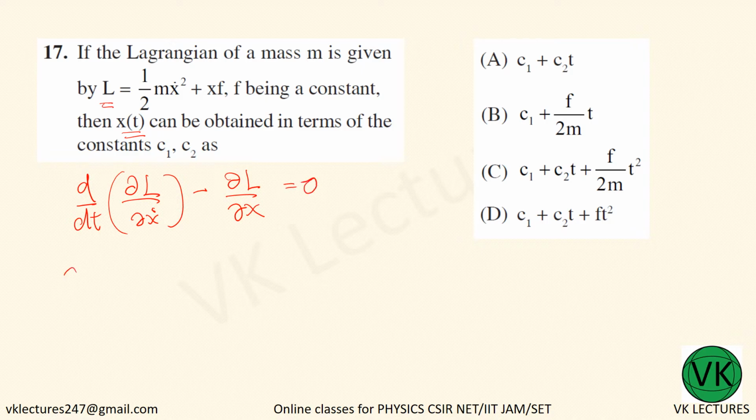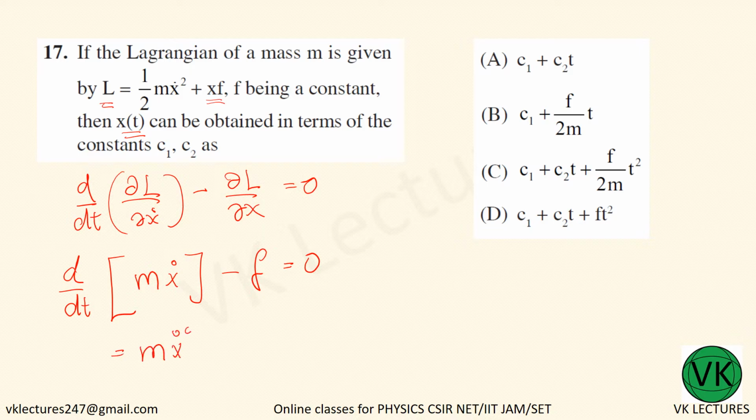Now this is d by dt of, what is dou L by dou x dot? 2 m x dot by 2, that is m x dot, minus what is dou L by dou x? That is f, equal to 0. What is total time derivative of m x dot? That is nothing but m x double dot minus f equal to 0. From here we get x double dot is equal to f divided by m.